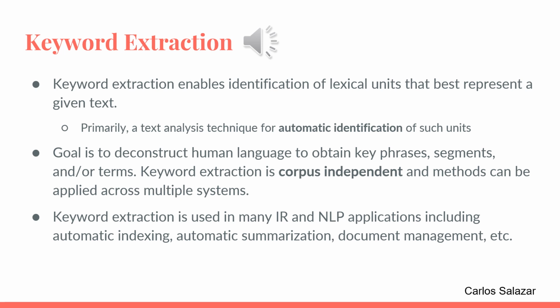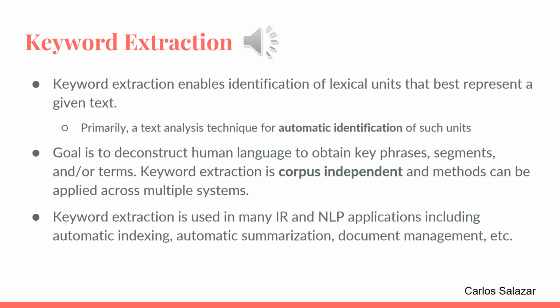The goal of this technique is to deconstruct the human language to obtain any key phrases, segments, or terms. Keyword extraction is independent of any corpus, and its methods can be applied across multiple corpora and information retrieval systems.